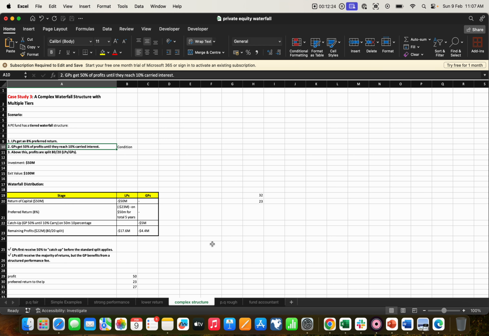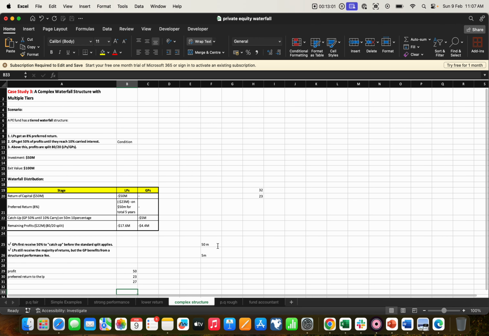For example, if 50 million is the profit, and his condition is that 50% profit should be there, so 50% profit is done, then the GP will receive 10% of the profit. So 10% of 50 million is 5 million. So 5 million goes to the GP, whatever condition he has put. The fund achieved the condition, so that's why it goes to the GP.